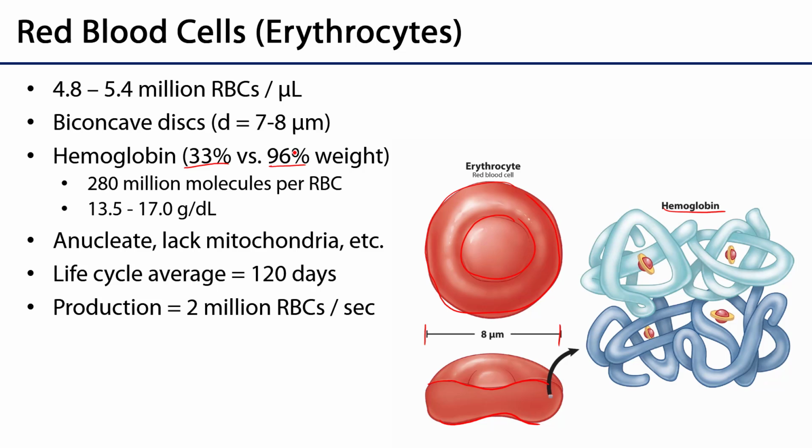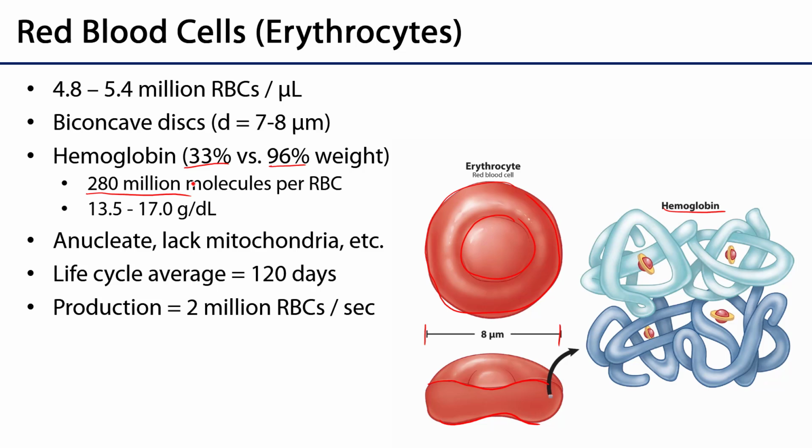So obviously, most of what's in an erythrocyte is water, much like any other cell, but beyond that, hemoglobin is a strong number 2. There are approximately 280 million hemoglobin molecules per red blood cell.